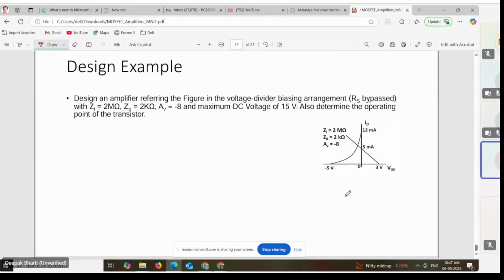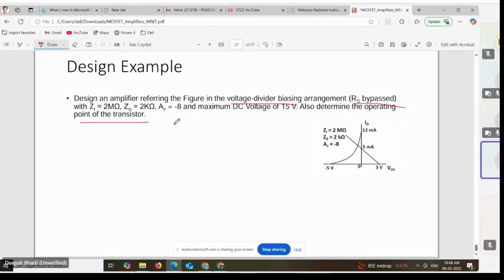So let's read the statement. The statement says that we need to design one amplifier in voltage divider arrangement. RS is bypassed with ZI as 2 mega ohm, Z0 2 kilo ohm and AV as minus 8. And the maximum DC voltage of 15 volt. Also determine the operating point of the transistor.